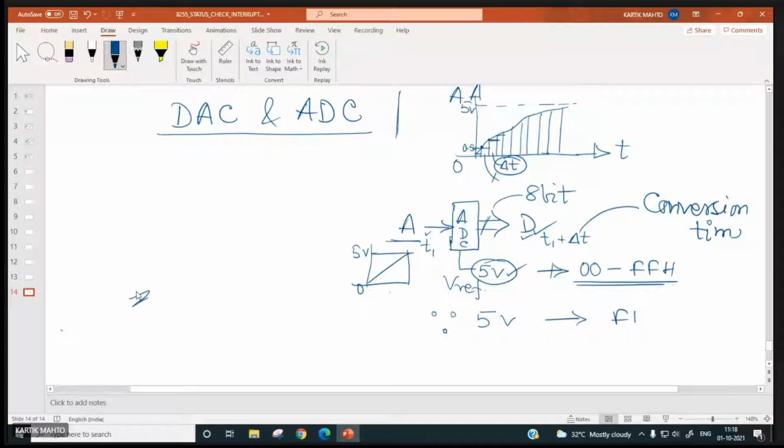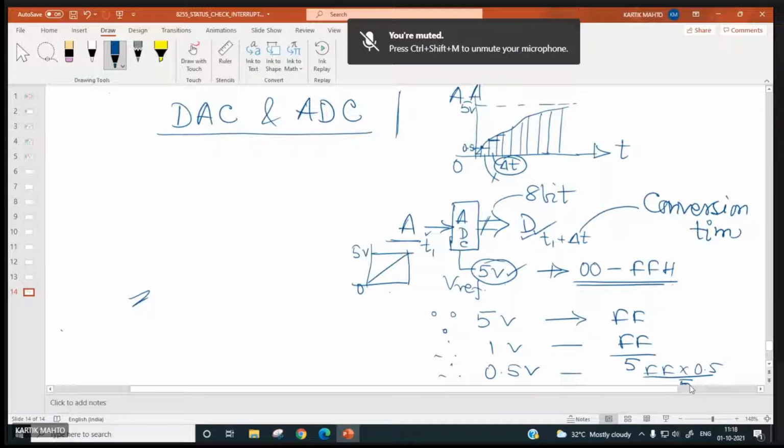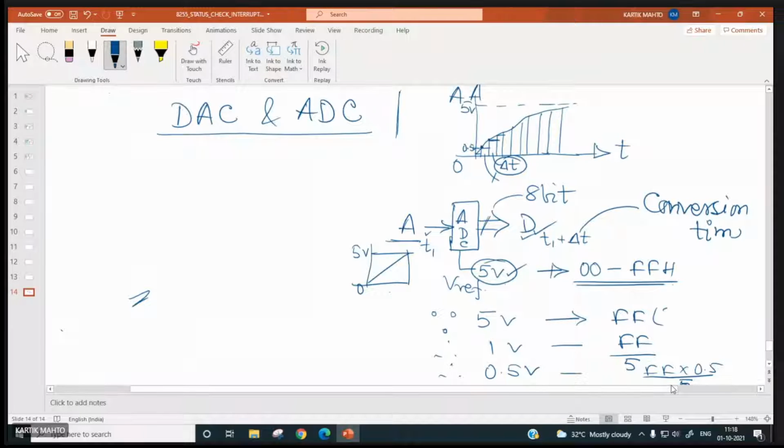FF. So 1 volt will be how much? So 0.5 will be how much? Correct? This FF is how much? So what are you getting?